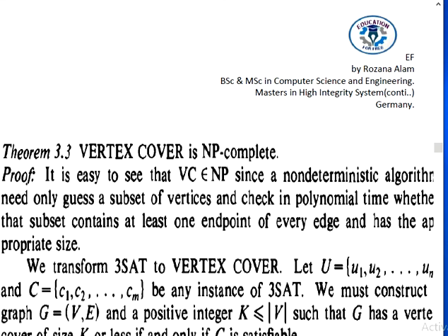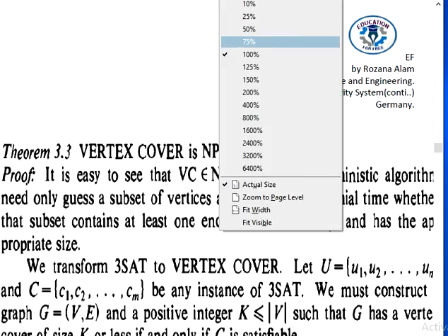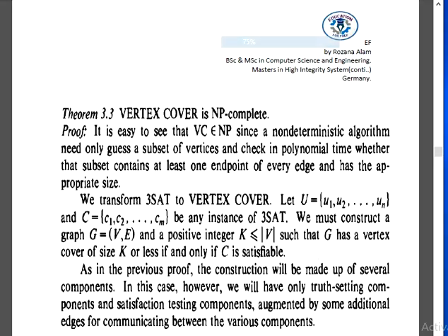For that, the first step: it is easy to see that the vertex cover problem is in NP, since a non-deterministic algorithm need only guess a subset of vertices, here a subset B prime, and check in polynomial time whether the subset contains at least one endpoint of each edge and has the appropriate size.